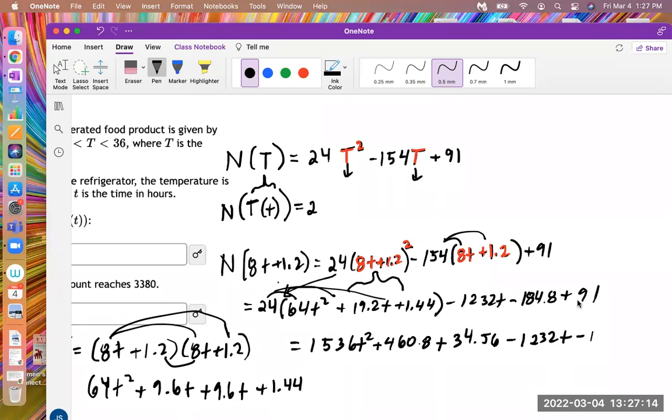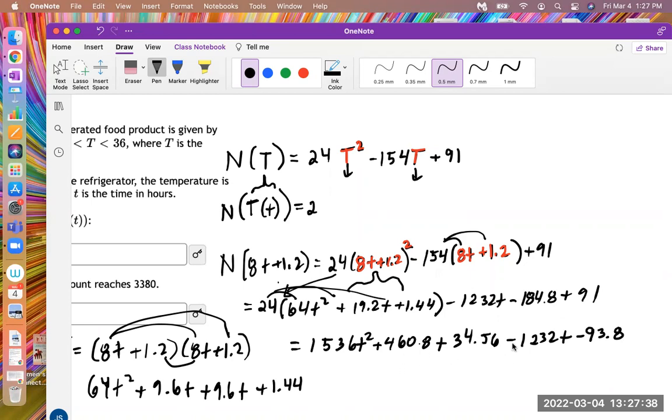But I probably can combine those like terms. So 184.8 minus 91 plus 93, so it's still going to be negative 93.8. Okay, now I've combined any like terms that I have here.